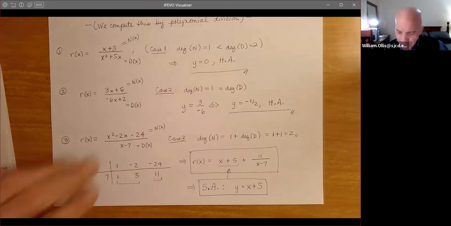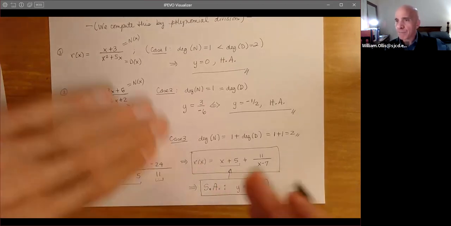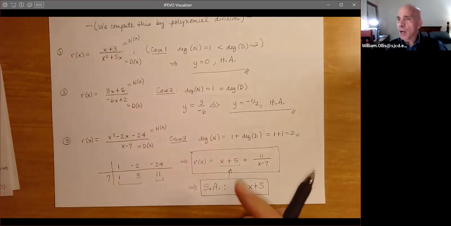Okay, so now let's take some of these ideas and basically put them into graphing a rational function. And we'll include maybe the BB test and the x and y intercepts to get a reasonable graph.